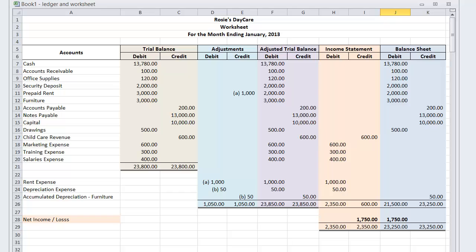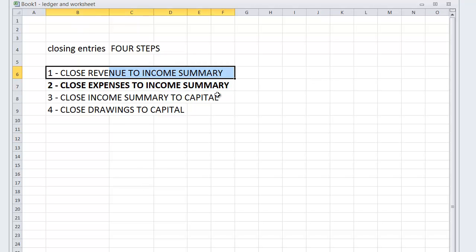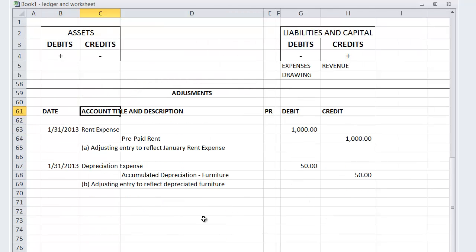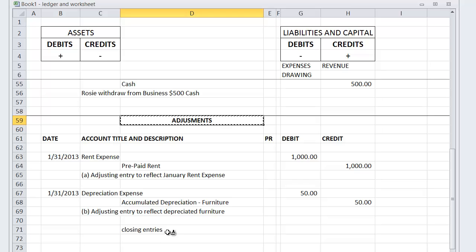So the first thing that we got to do in the income summary is just like our example required, is close revenue to income summary. So we're actually going to go to our journal. We're going to put in here closing entries. Again, these are transactions like every other transaction.